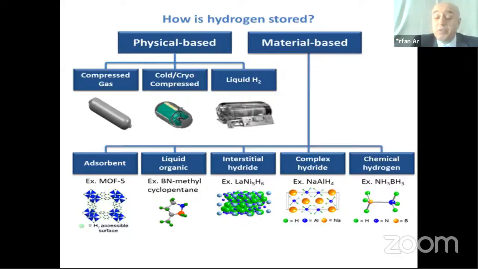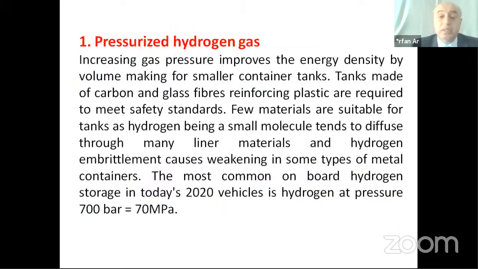In fact, sometimes we may have three or more hydride species in a complex hydride, and chemical hydrogen, hydrazine, ammonia, etc., can be counted in the chemical hydrogen storage.